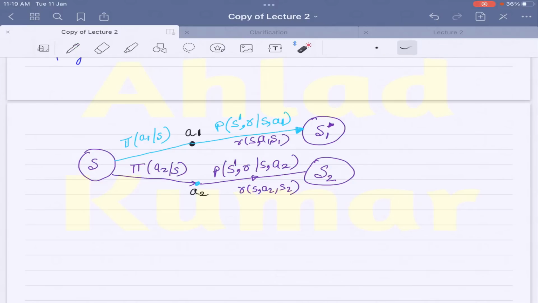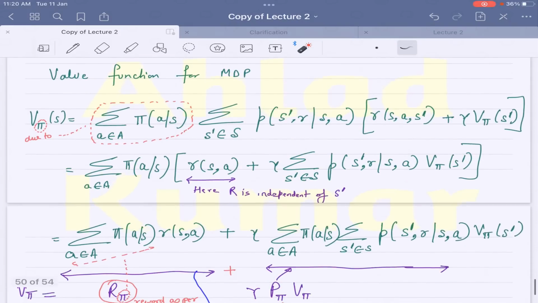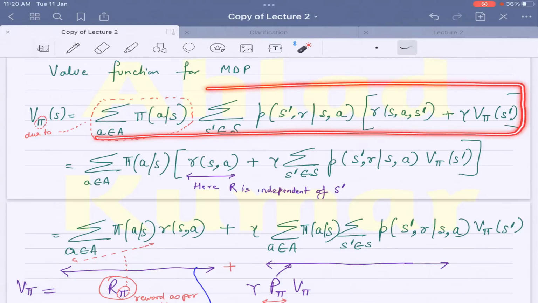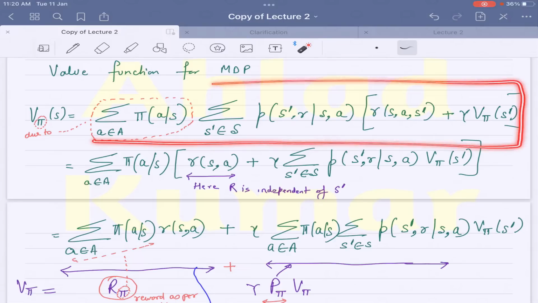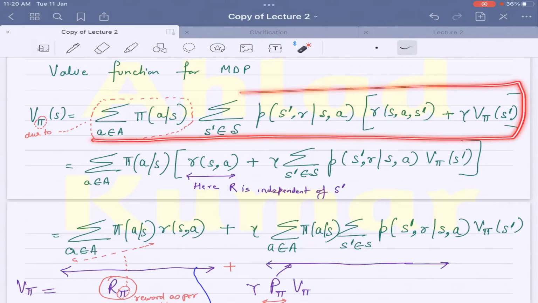So you can put the values of the reward at this node, and note that since the reward is a function of S, A2 and S2, that's why it will be here. Okay, so once this is done, you can have this as the value function calculation for MDP. So you can use this equation for calculating the value function. So this is also called the Bellman equation for MDP.